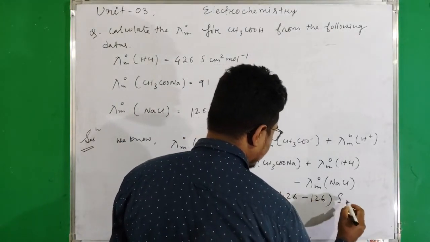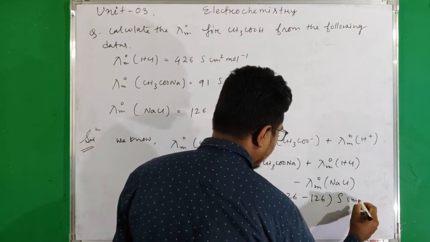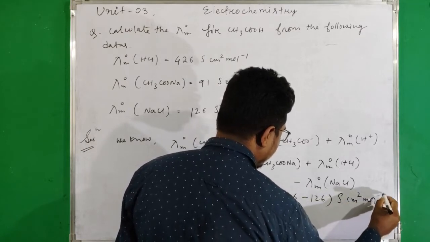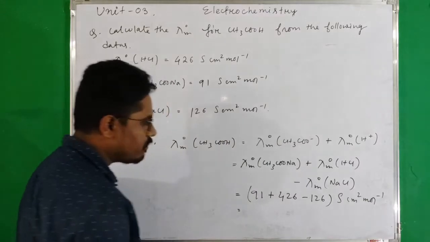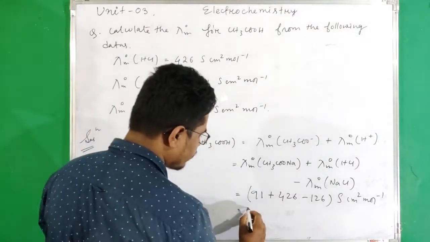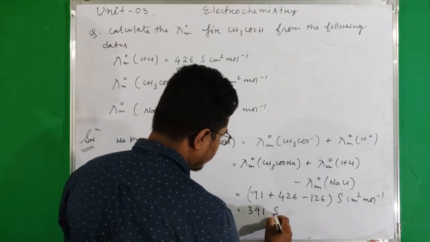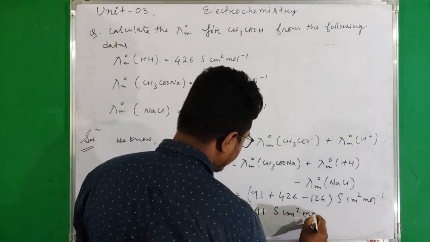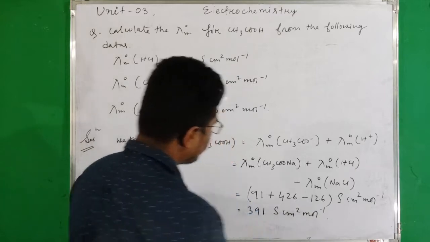They all have the same unit, Siemens centimeter square per mole. After calculating, the answer is 391 Siemens centimeter square per mole.